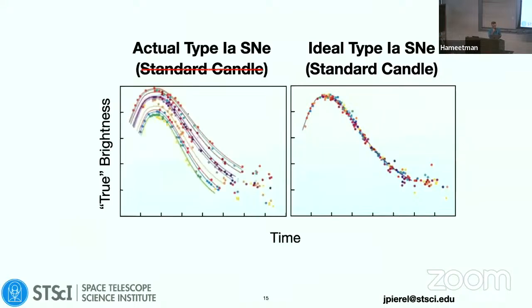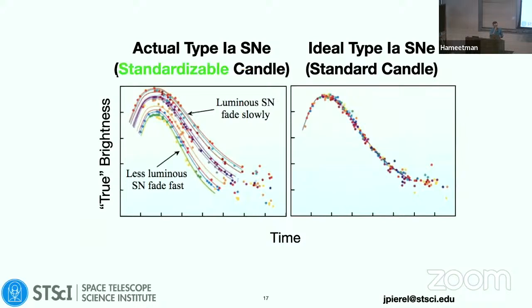They actually look more like this, where it turns out that less luminous Type Ia supernovae fade a little bit faster, and vice versa, which means that in order to actually use these for cosmology, we need to turn them into something which we like to call standardizable candles. We have to observe a light curve, determine whether these are fading faster or more slowly, and make that correction so that they become standard candles.